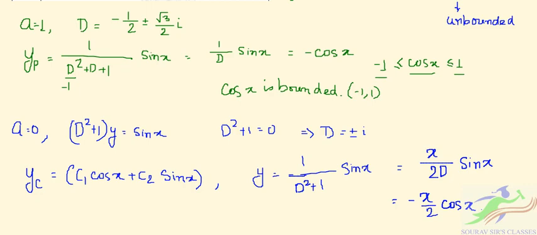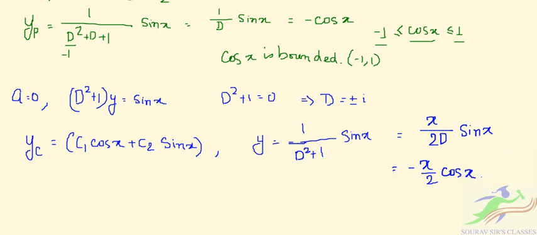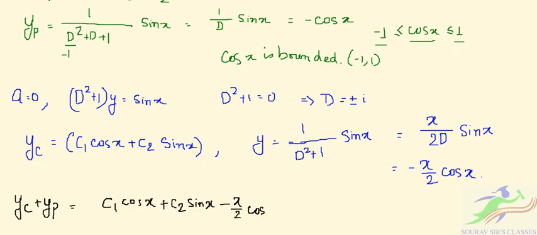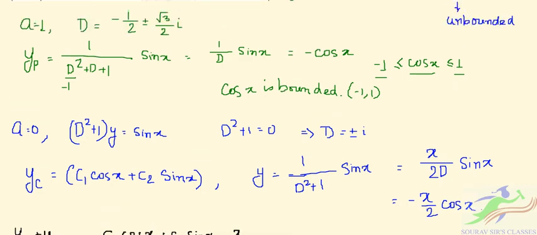So what will be the general solution? The general solution will be yc plus yp. So in our case, c1 cos x plus c2 sin x minus x by 2 cos x, right? So here you can see, let's check the condition over there.